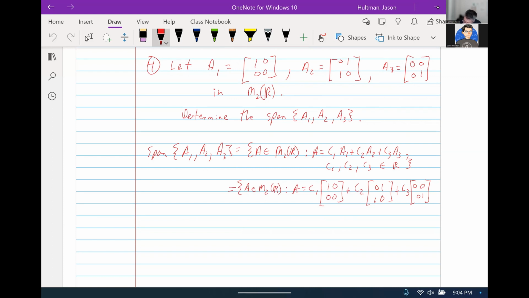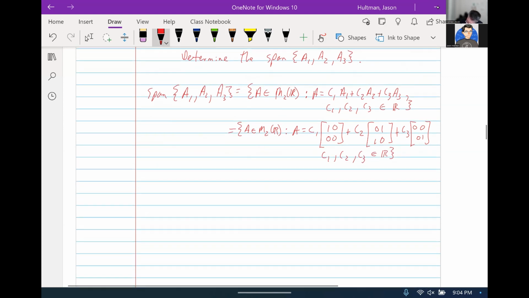And again, such that C1, C2, C3 are elements of R.